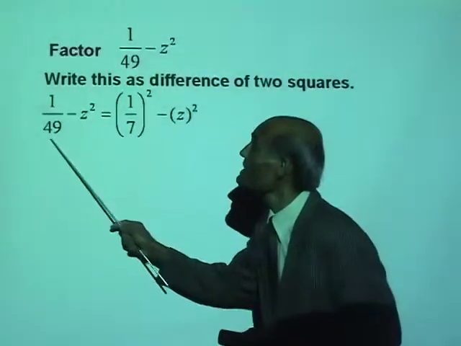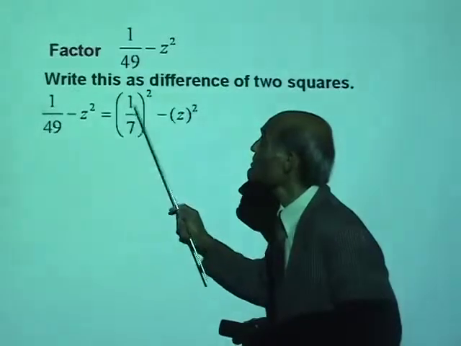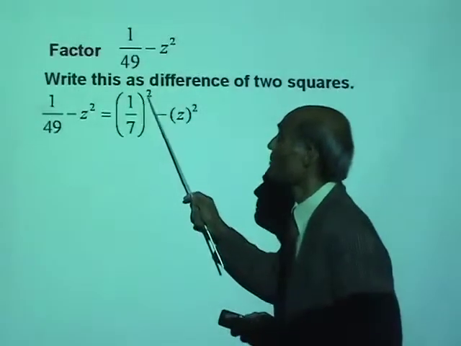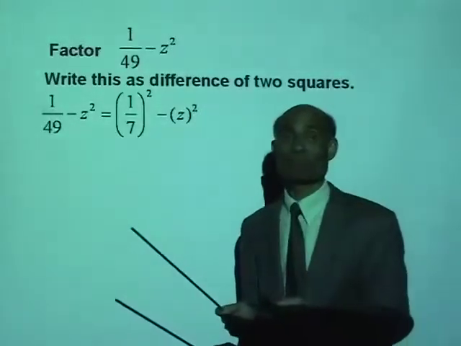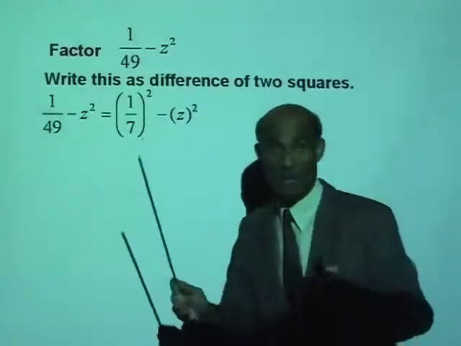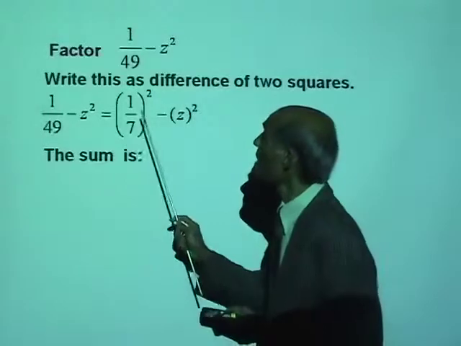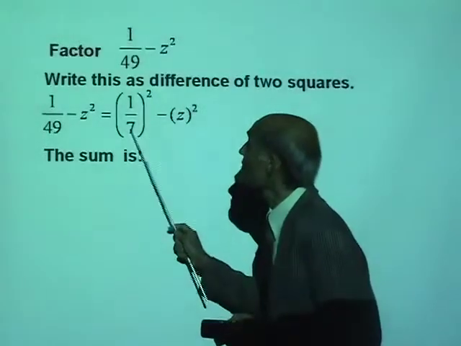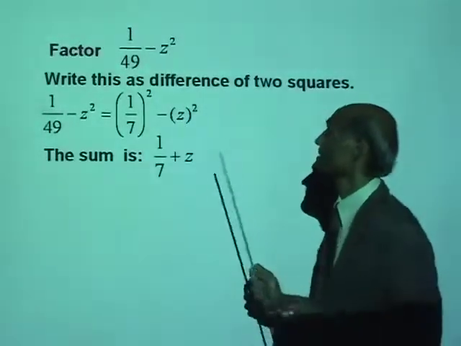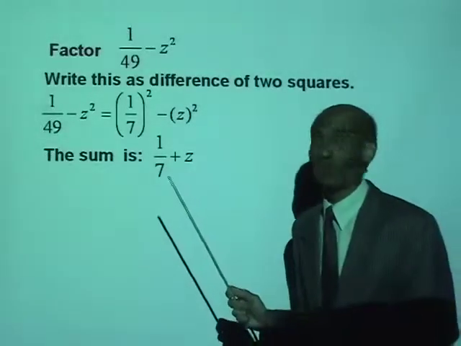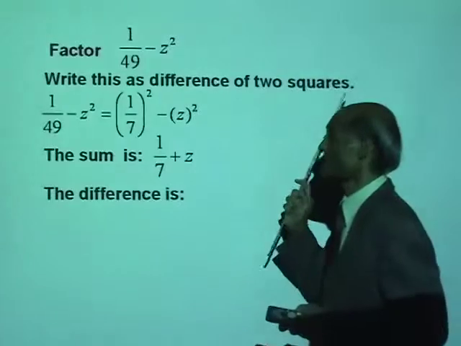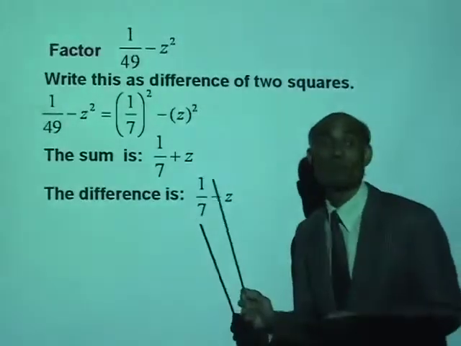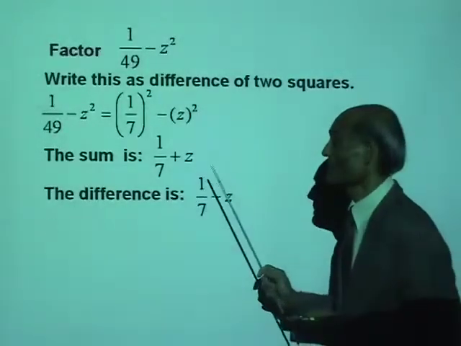So write this as the difference of two squares. 1 over 49 minus z squared is 1 over 7 all to the power of 2 minus z squared. Alright, now you can factor it. The first factor is 1 over 7 plus z. What is the second factor? 1 over 7 minus z. The sum multiplied by the difference.